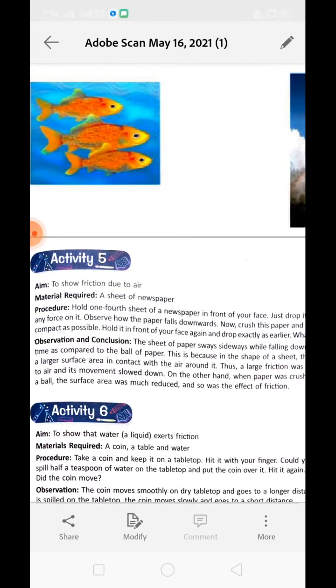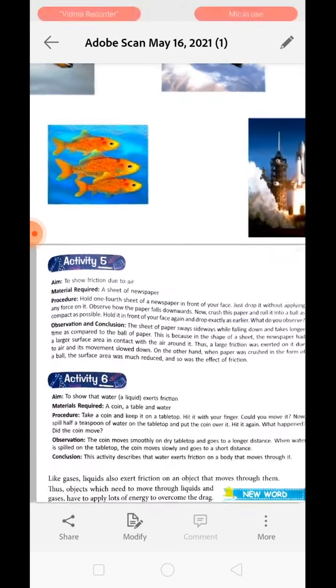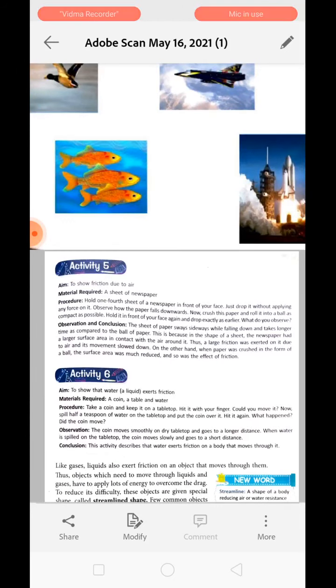In activity number 5, we take a sheet of newspaper. We will hold a quarter of this sheet in front of our face and drop it without applying any force. If you are standing at a height, it will be good to observe. You will observe that the paper is not falling directly on the ground, but is swaying side by side.